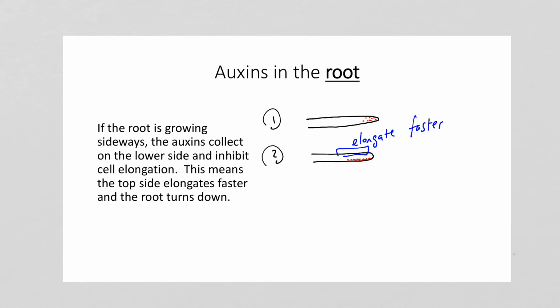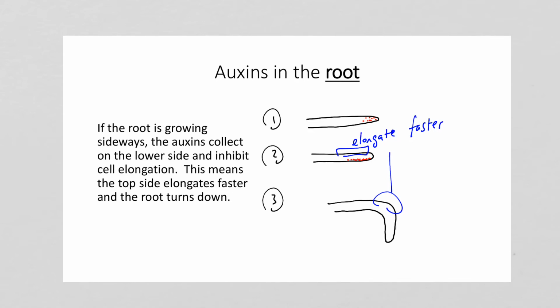Remember, in the root tip, auxins inhibit cell elongation. So the side that doesn't have the auxins will elongate faster, and you end up with the root curving, probably not so dramatically, down, because this side here elongated faster than the underside.